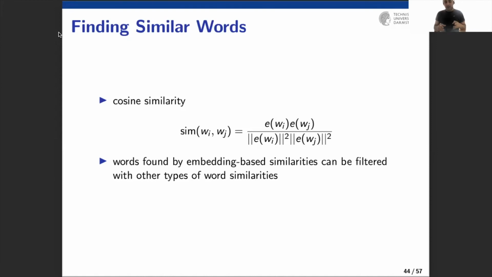For example, if you want to find the most similar noun to a word, you can find the similarity between the given word and any word in the vocabulary, and then you rank the words in the vocabulary based on their similarity score, and at the end you pick only the nouns, and among those words you pick the word that has the highest value.